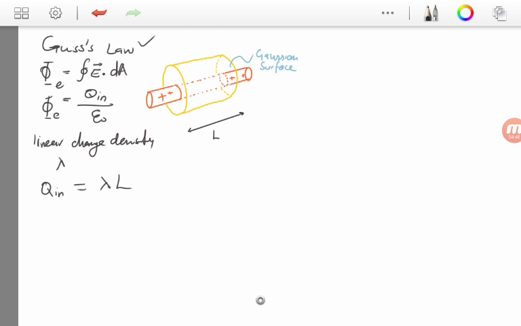If we take out an area here, we're going to have a dA, a very small area, and the integral sums over many areas. Then we also have an electric field coming out here, going like this. These are all vectors. An interesting thing we see is that the electric field is parallel to the area.